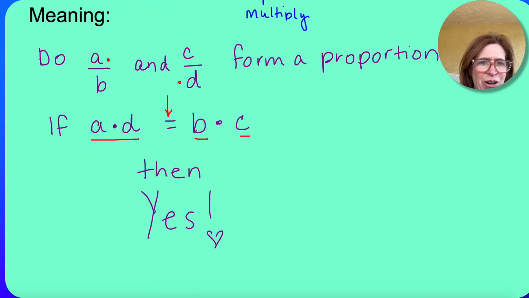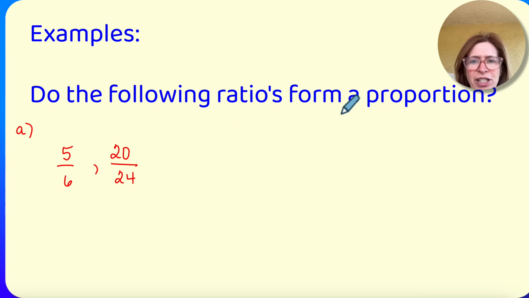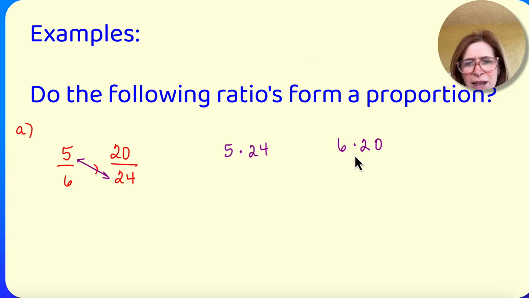So let's try this out. Do the following ratios form a proportion? The first thing I would do is cross multiply the numbers. So I'm going to multiply 5 times 24, and I'm going to multiply 6 times 20. Well, 6 times 20 is an easier one for me, so I'm going to do that first, because all I have to do is 6 times 2 and get 12, and because there's a 0, I'll use that trick.